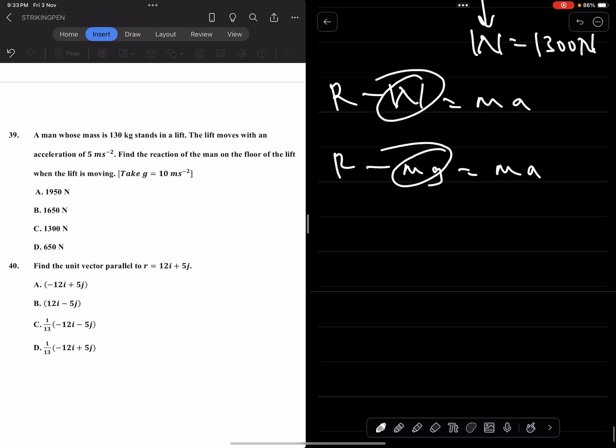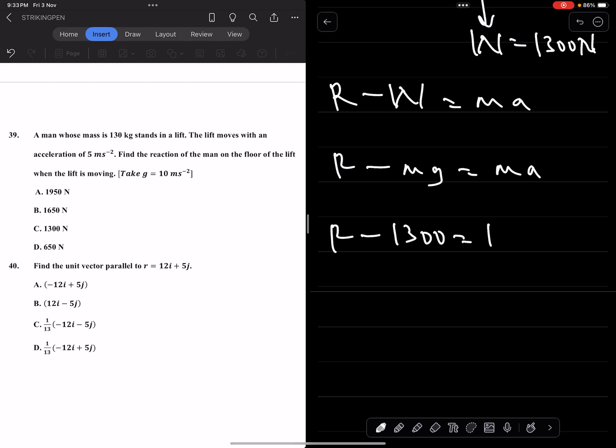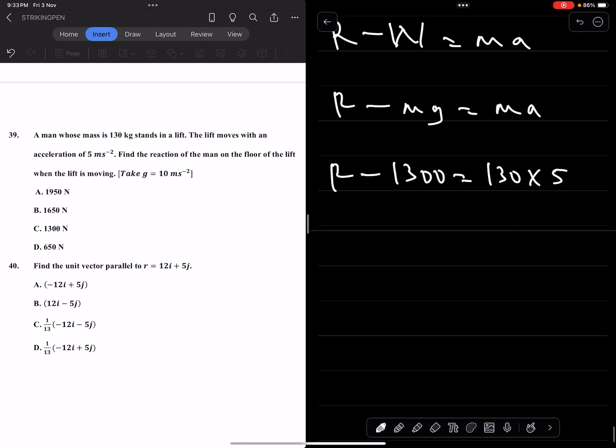And I already know mg. So R minus 1,300 equals MA, which is 130 times 5, where A is 5 meters per second squared. That simply means R equals 130 times 5, which is 650, plus, when you move minus 1,300 to the right hand side, it becomes plus 1,300.